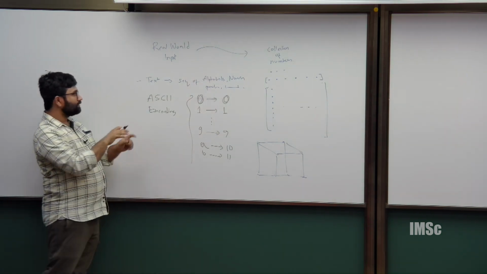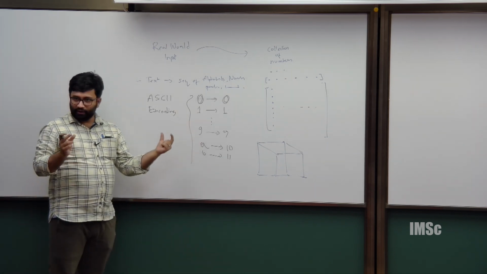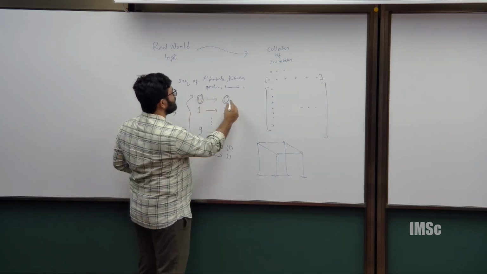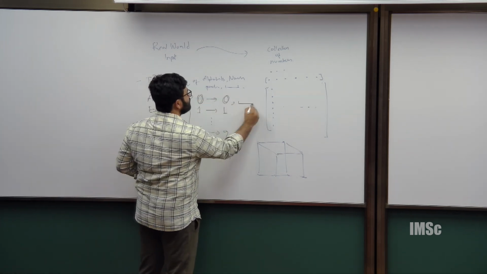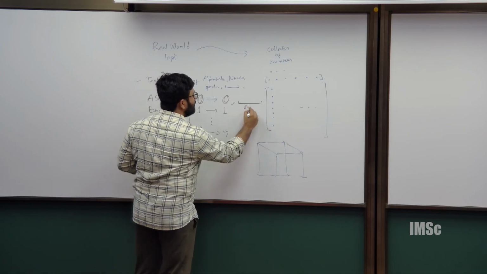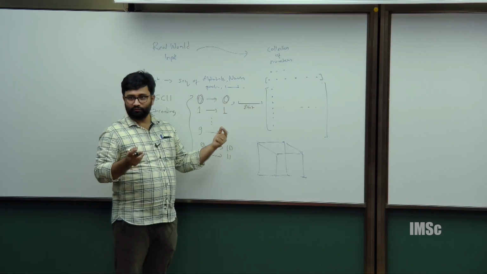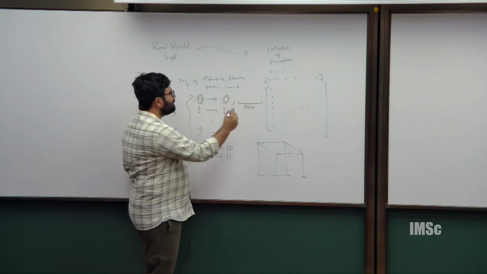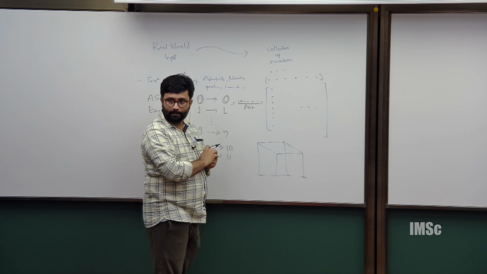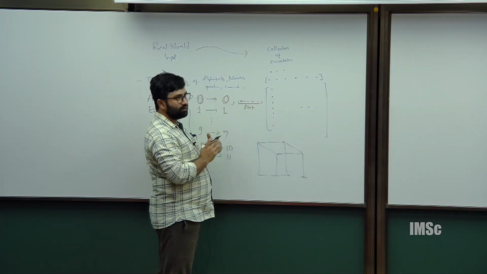Okay, so maybe I should clarify a bit more. In this encoding, as I said, computers understand binary numbers. So to represent these numbers, I have a binary string of a certain length. The standard way is to keep an 8-bit binary string to represent numbers. By 8-bit, I mean that there will be 8 zeros or ones, and a particular sequence will represent a particular number.